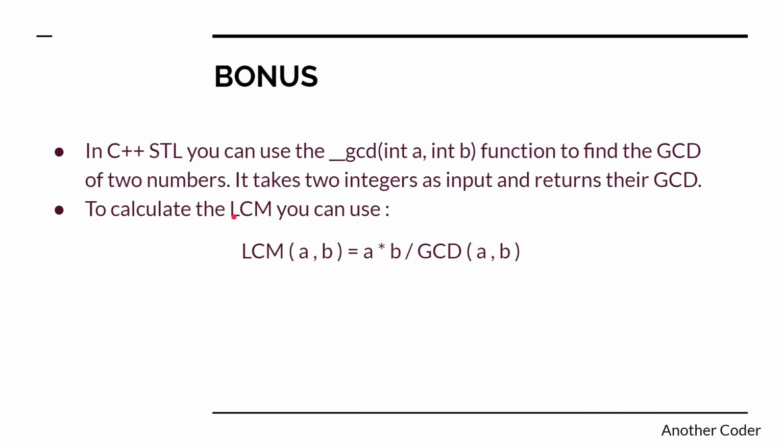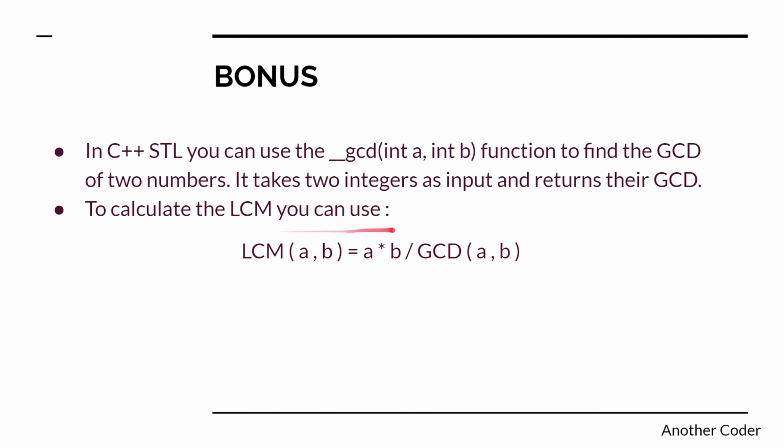So here's a small bonus for you guys. If you are using C++, there's a function in the standard template library that you can use: underscore underscore GCD. In this function you pass 2 integers, and this function returns an integer which is the GCD of A and B. So it's an inbuilt function to calculate the GCD of two numbers in C++.